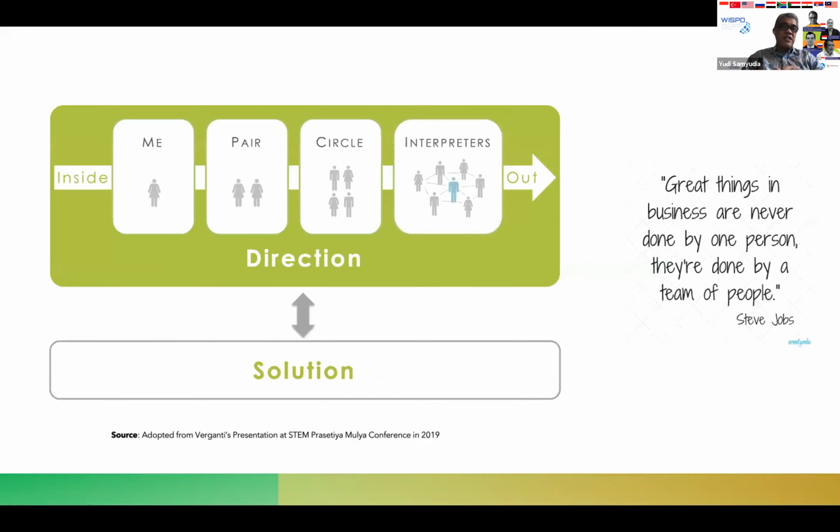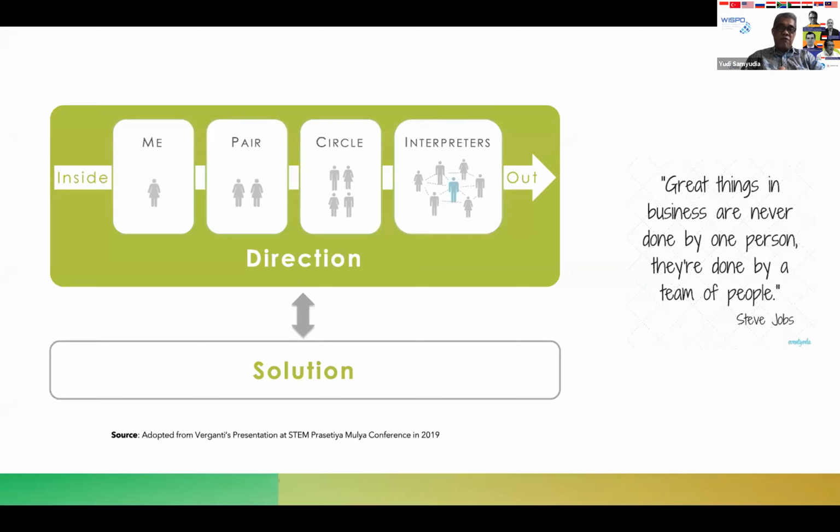So the approach of design-driven innovation is coming from you as an innovator, and then you have the right partner to criticize you, and after that you increase the circle and go to a big size of people to get feedback on your innovative product in terms of meaning.